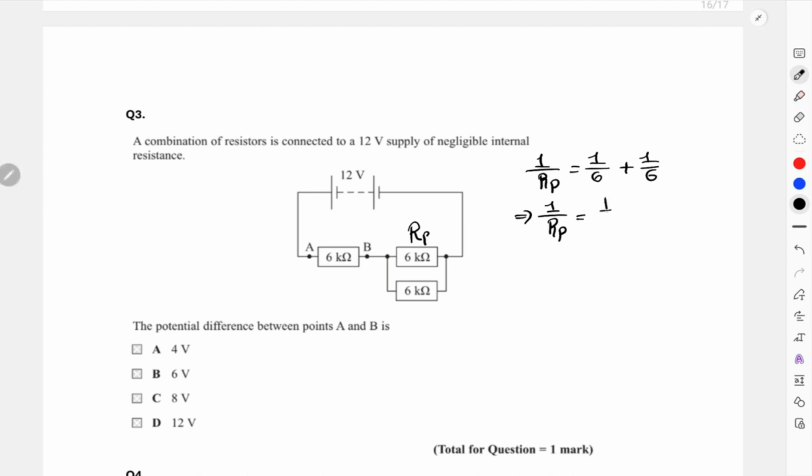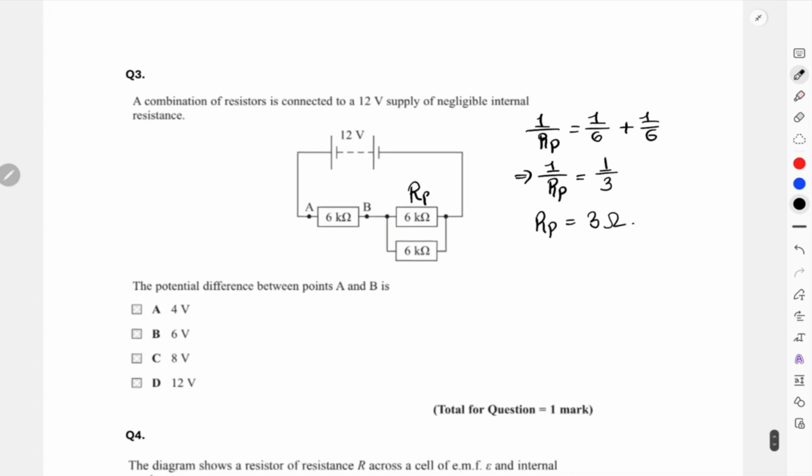That's 1 by 3, right? So if it is 1 by 3, in that case, the parallel combination now has a total resistance of 3 and the total voltage was 12, right? So in that case, total resistance will be 6 plus 3, that would be 9.